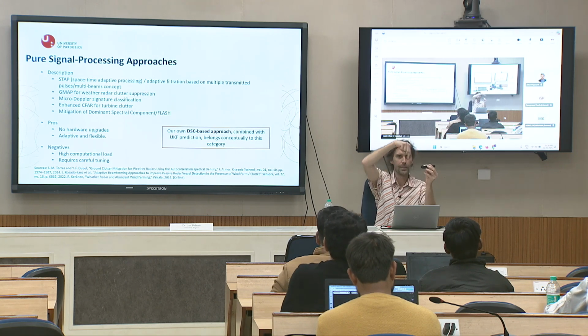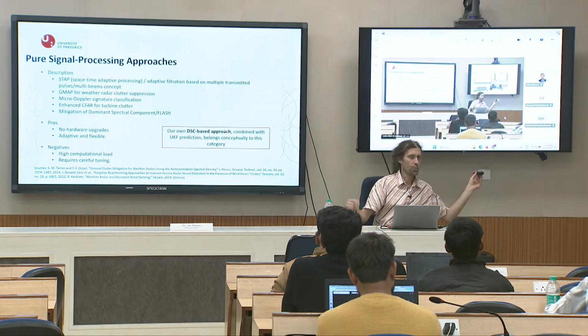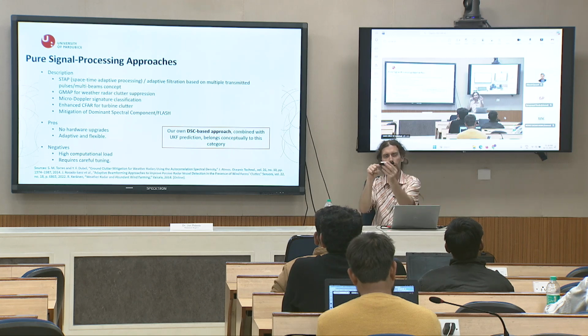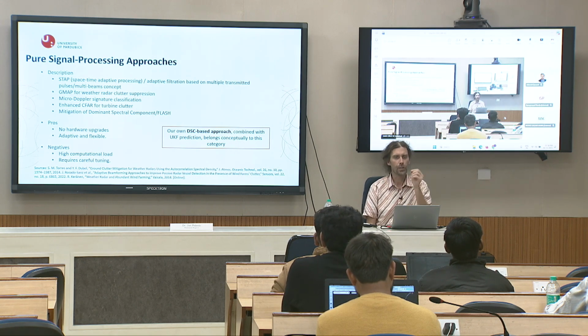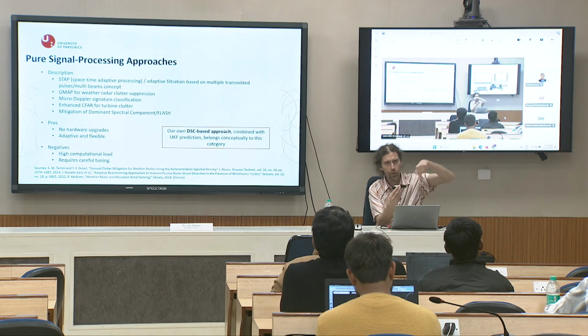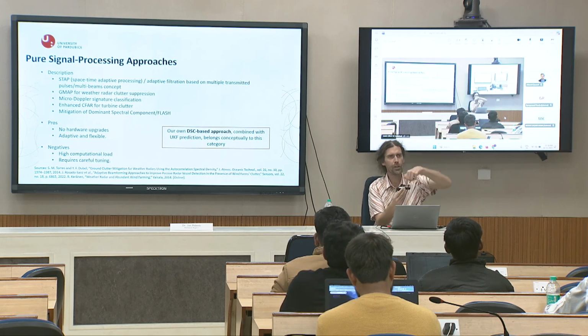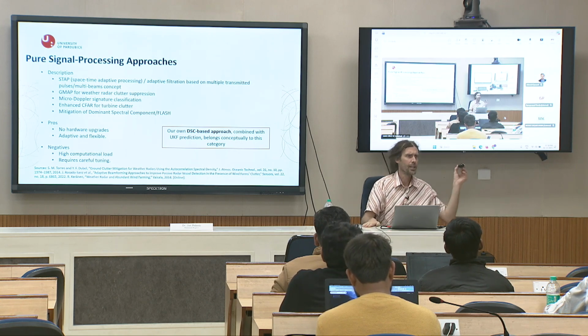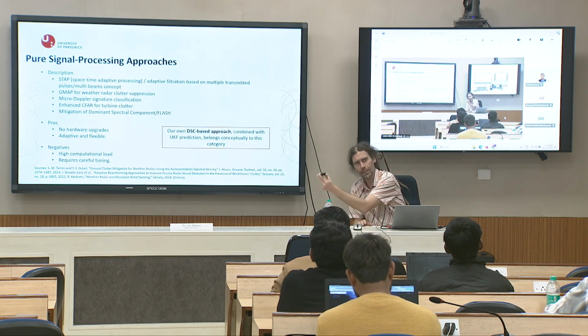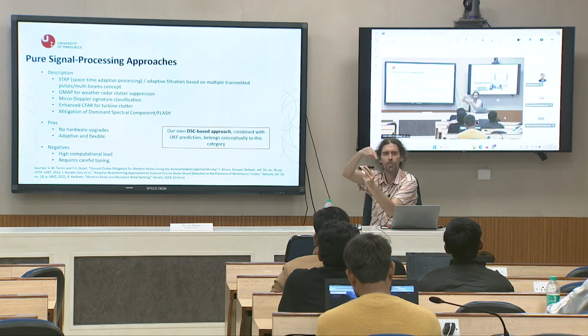Do you agree? So the movement causes a Doppler shift, as you know. And what is microdoppler? Microdoppler is the Doppler shift of this wind turbine. So there are like two different Doppler shifts: the Doppler shift from movement, and the microdoppler.